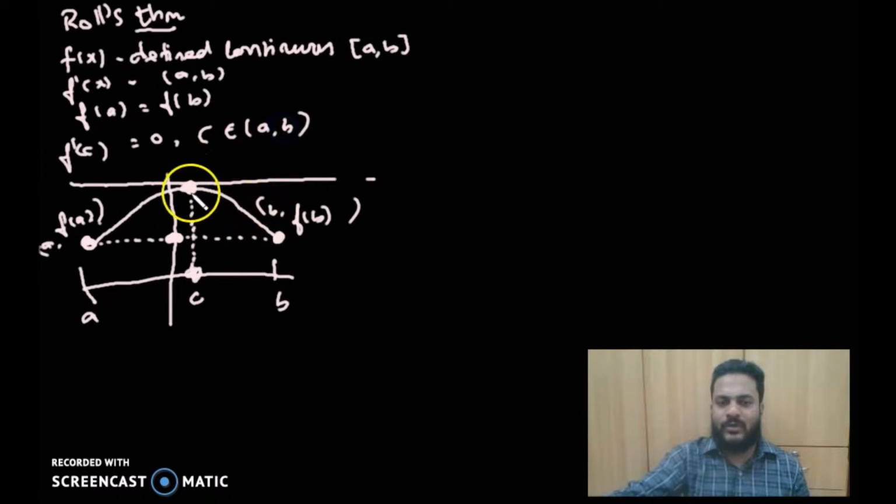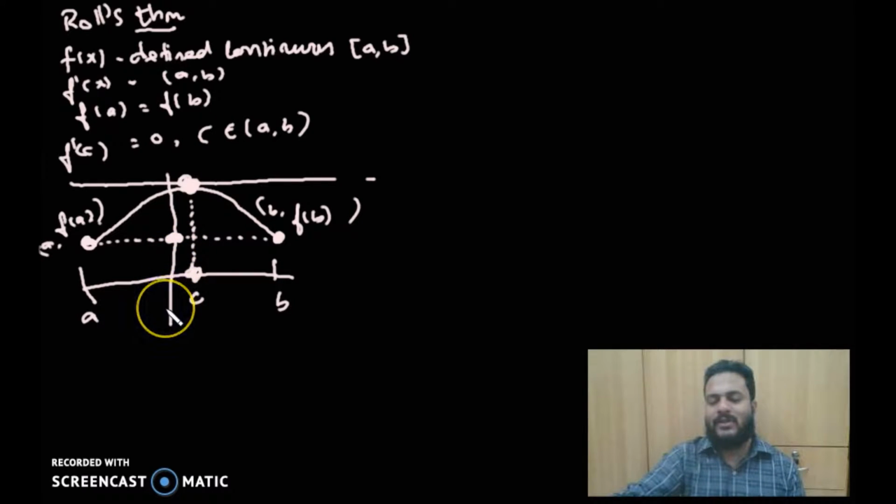At this point, f dash of c is 0, that is, you will be getting a horizontal tangent. That's the idea of Rolle's theorem.